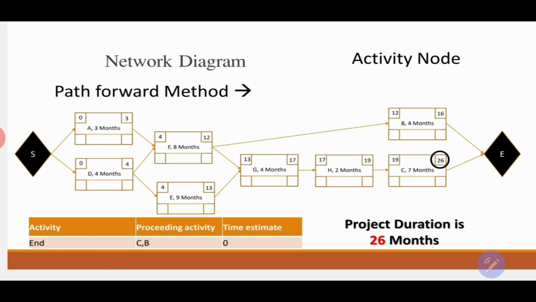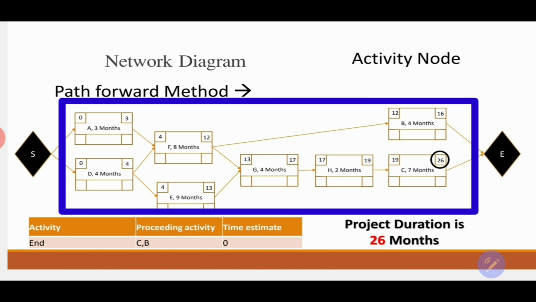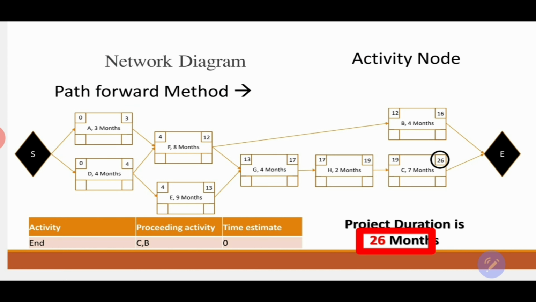If we look into the last 2 activities, which is activity B and activity C, we'll see that the early finish of activity B is 16, while the early finish of activity C is 26. What does it mean? It means that in order to complete all the activities within this network diagram from start till the end, I need 26 months. So the project duration is 26 months.